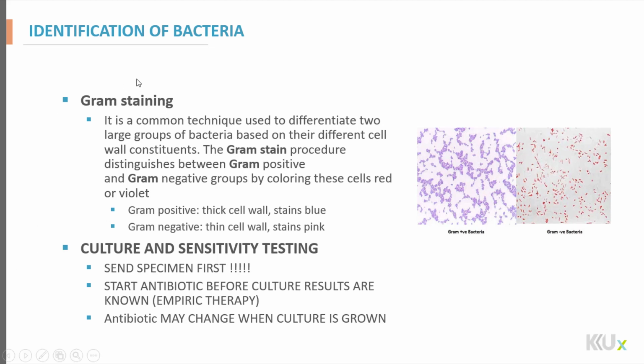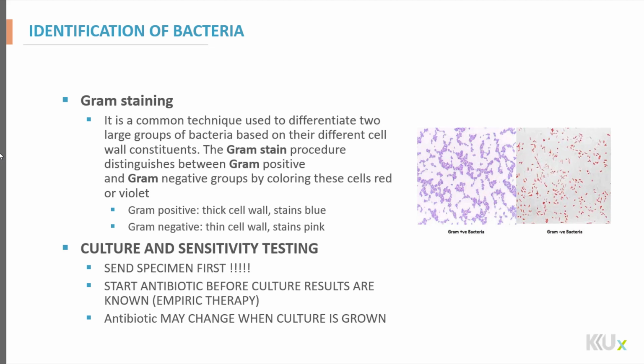So gram staining is a common technique used to differentiate two large groups of bacteria based on the different cell wall constituents. So basically we take the specimen and then we stain it, and this is what we call gram stain. Gram stain procedure distinguishes between gram positive and gram negative groups by coloring these cells either red or violet.